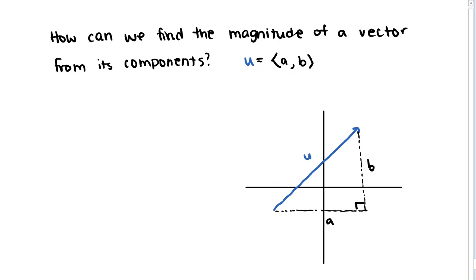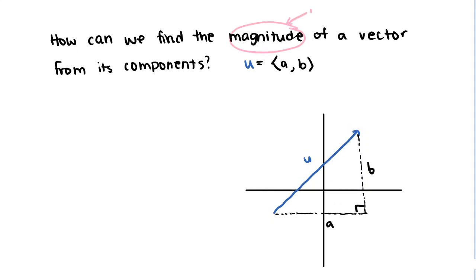Well, how do we find the magnitude of a vector from its components? And again, remember that magnitude just represents the length of the vector. So, the distance between this initial point and this terminal point.